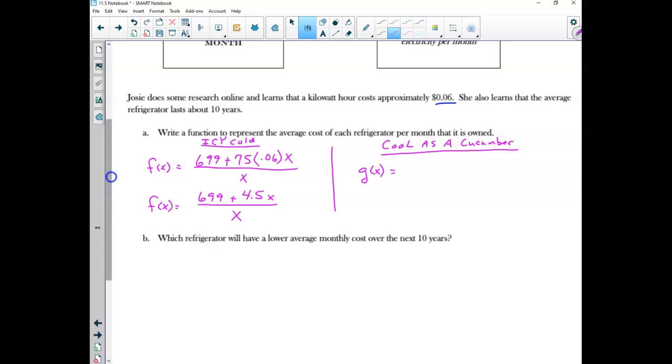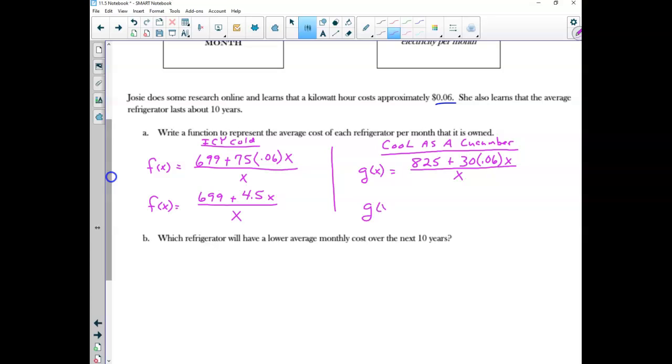So cool as a cucumber, I know, is going to cost me 825 bones to start out. And this one's a little bit more because here it's only 30 kilowatt hours per month times 0.06 cents. My kilowatt hours still cost me the same, it doesn't matter, times X months. And I'm going to divide it by X months. And that's going to give me my average cost.